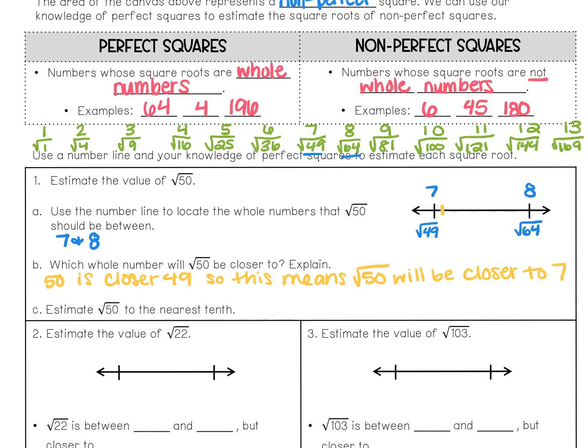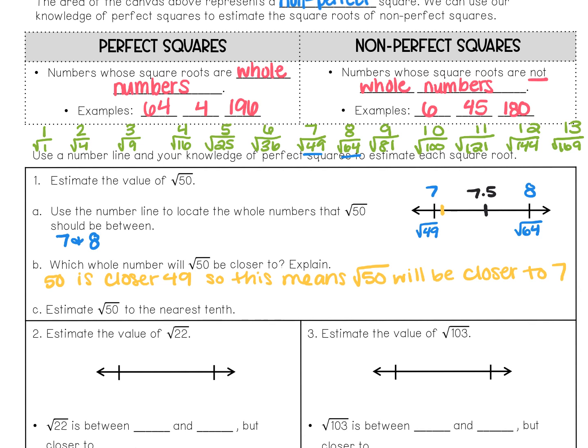So I know that the square root of 50 is going to fall somewhere between, realistically, 7 and 7.5. Now the numbers I have between are going to be 7.1, 7.2, 7.3, 7.4, 7.5.